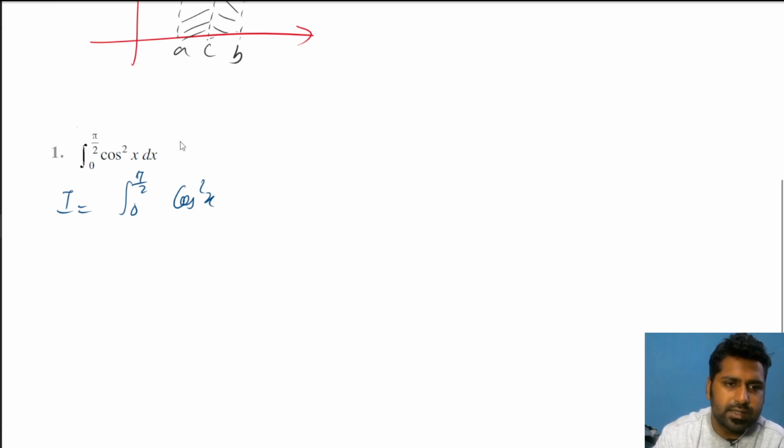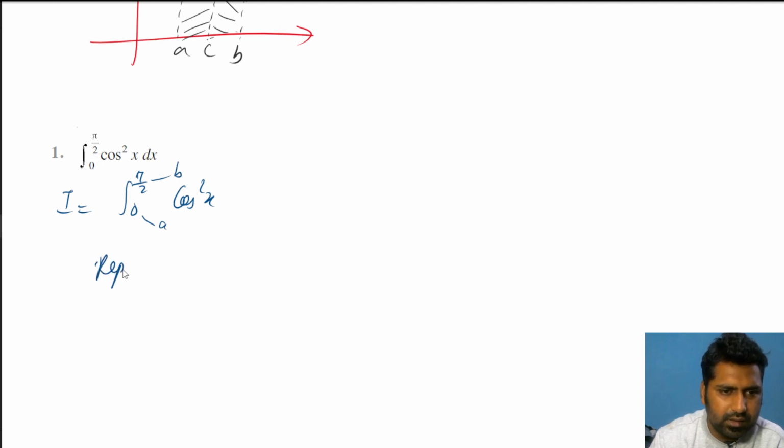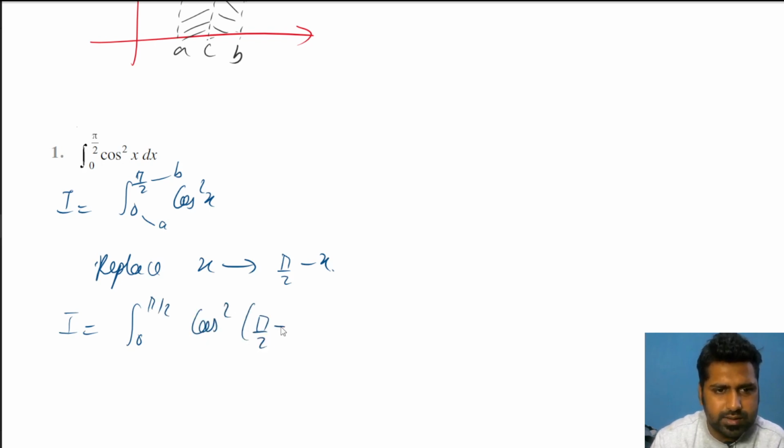What does the king rule say? This is a, this is b. So replace x with a plus b minus x, meaning pi by 2 minus x. So the integration should still remain the same. So I is still 0 to pi by 2 cos square of (pi by 2 minus x).